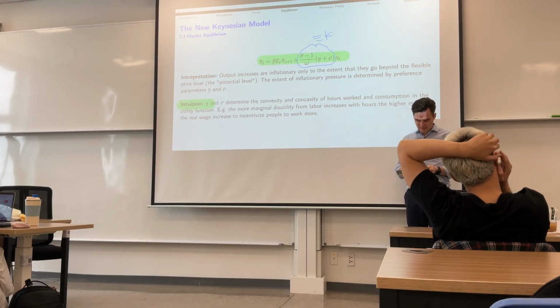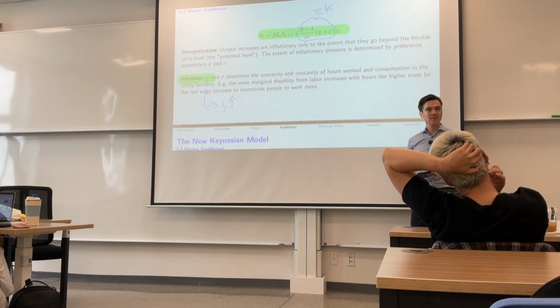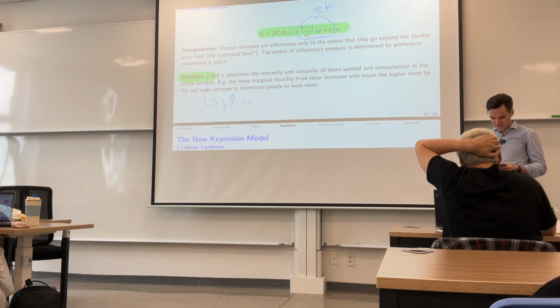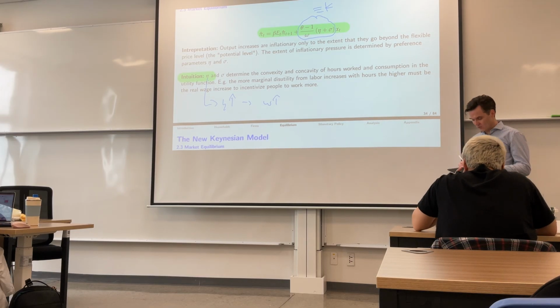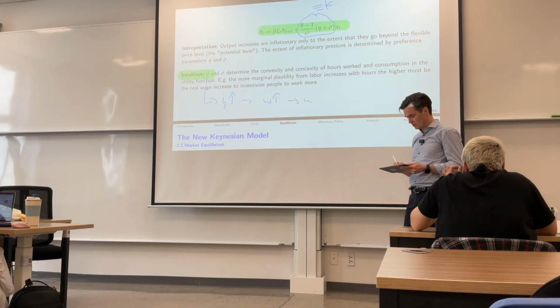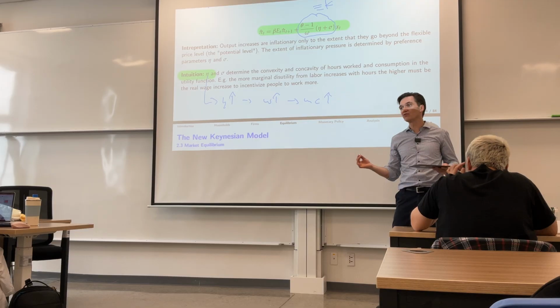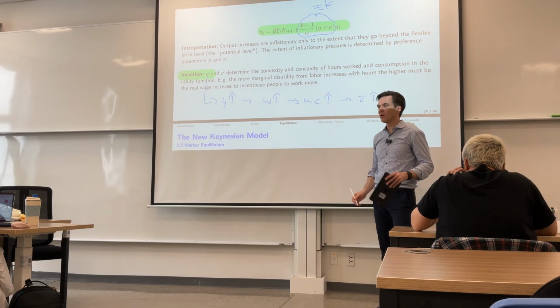So let's maybe write this down. If eta is, for instance, higher, then a given change in the economy is going to increase the wage. And with that increase in the wage, it's going to increase marginal cost, right? And that increase in marginal cost is going to increase inflation. That's the basic idea in this model.